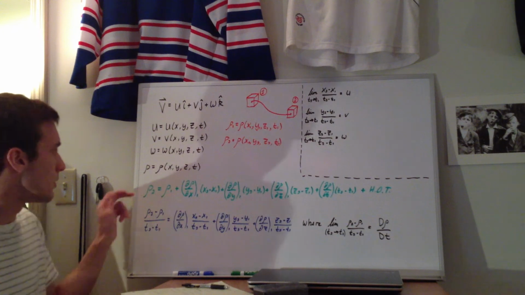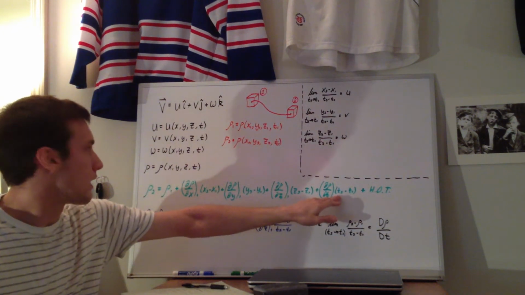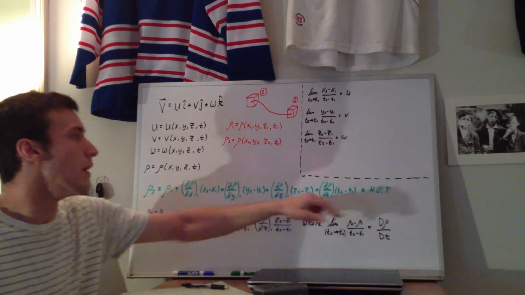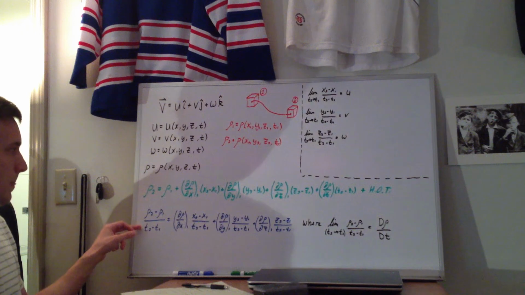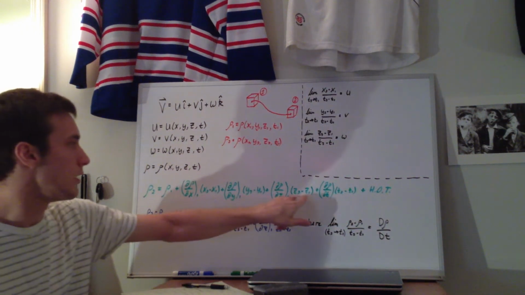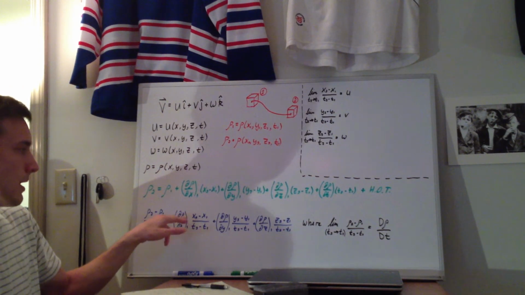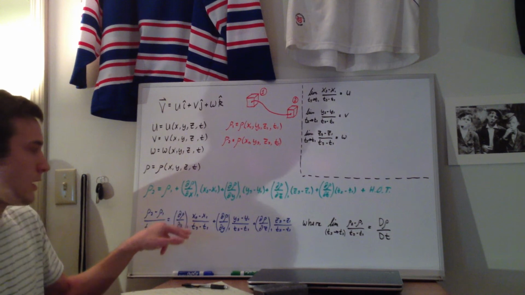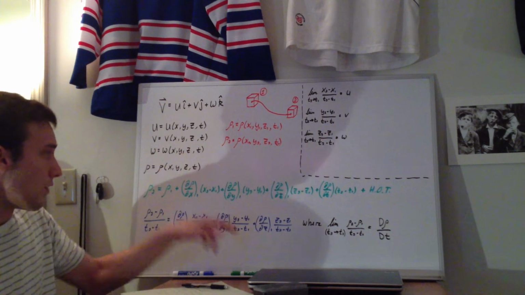Okay, so then we subtract rho1 from both sides, and then we divide both sides by t2 minus t1. So we end up with rho2 minus rho1 over t2 minus t1, and we divide by t2 minus t1 in each term. So we have the partial of rho with respect to x times the change in x over change in t, and then the partial of rho with respect to y times the change in y over change in t, and then the same for the z direction.